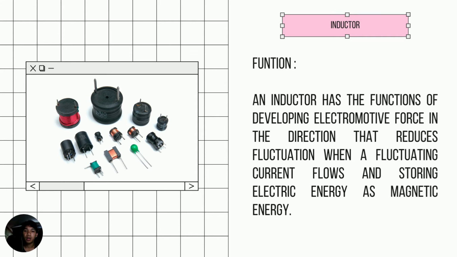So here is an inductor component. An inductor has the function of developing electromotive force in the direction that reduces fluctuation when a fluctuating current flows, and storing electric energy as magnetic energy. So that is the inductor function.